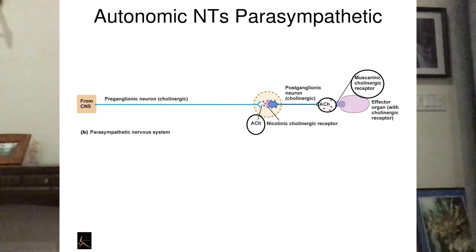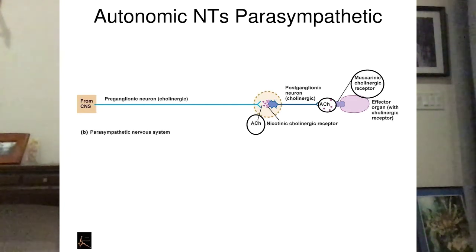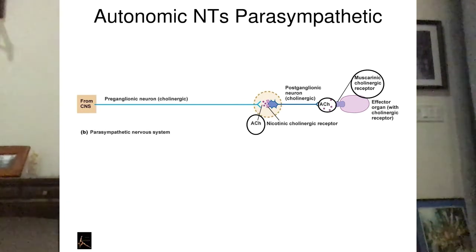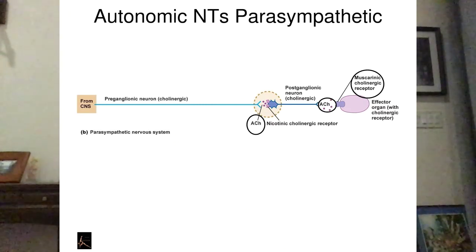Muscarinic receptors can either be associated with a sodium ion channel, so you get excitatory, or it could be associated with a potassium ion channel, really through a G protein complex, and so that would be inhibitory. Okay, so that's how you can get different responses from the same neurotransmitter. It's because the receptor is a little different.